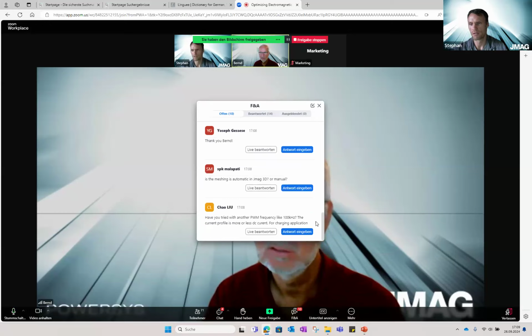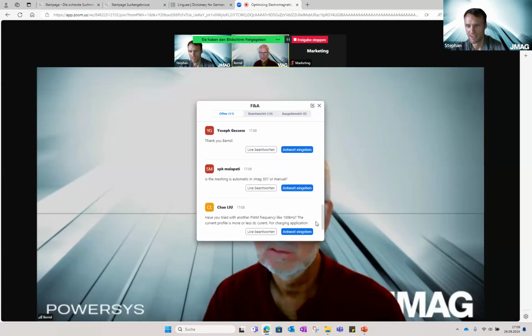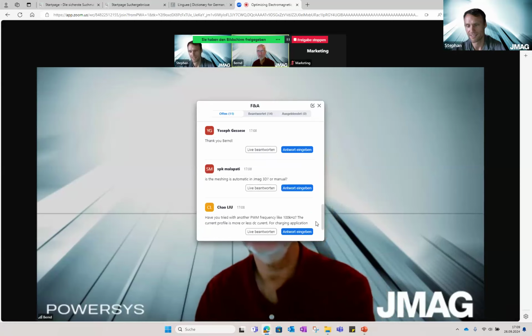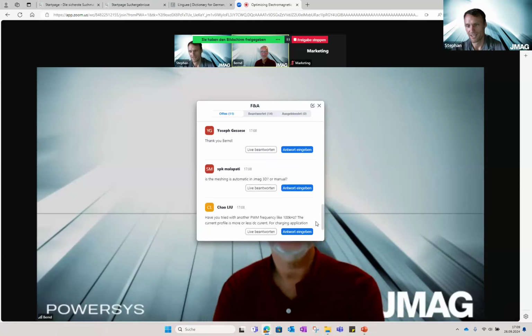Maybe the question comes from a participant who is not involved in the drivetrain simulation of vehicles, so maybe it's another application. It's for charging, okay, because there you have this frequency. Inductor. Okay. No, I haven't used such high frequencies.